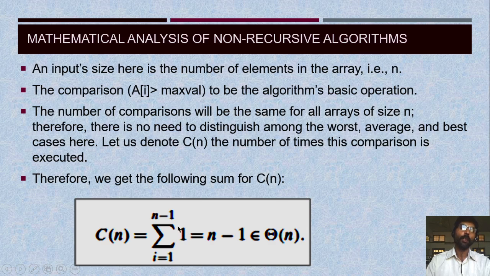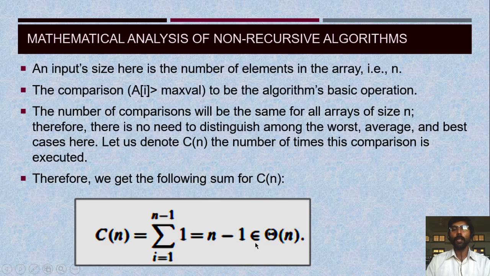How many times does this basic operation run? From i value 1 to n minus 1. When you simplify this summation, you get the result n minus 1.